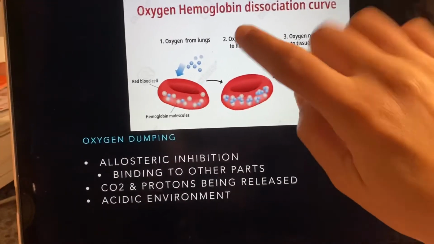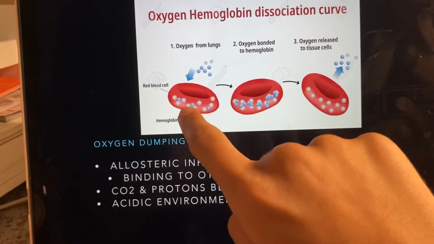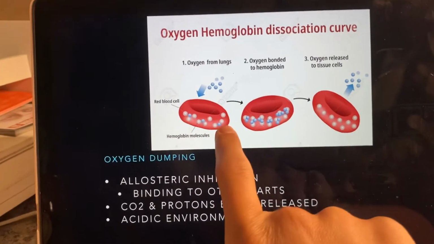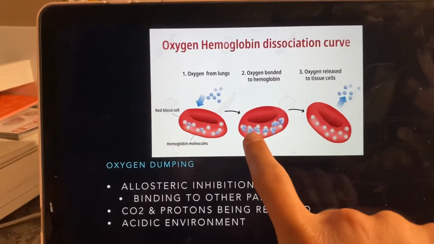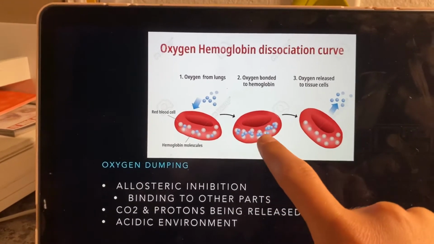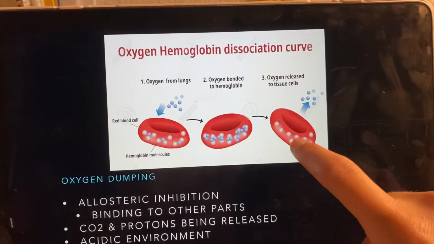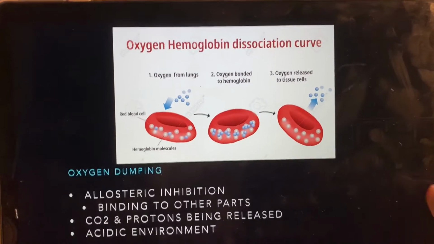You can see that as the oxygen goes into the red blood cells from the lungs, because you're breathing in during a heavy workout, the red blood cells travel all the way down to your leg muscles, and as they enter that area, the oxygen exits the red blood cells.